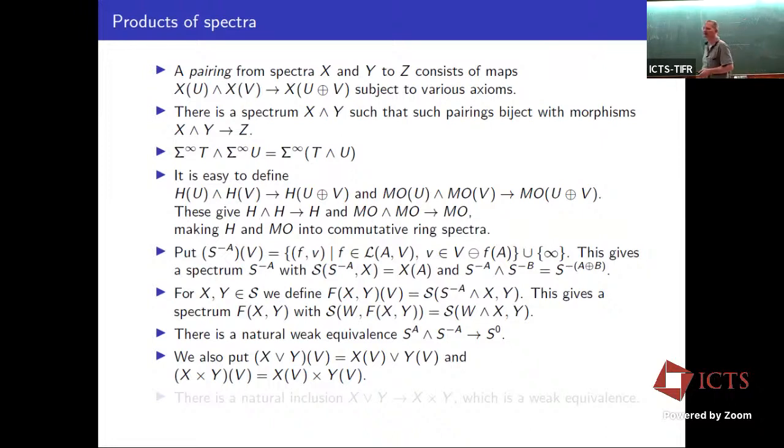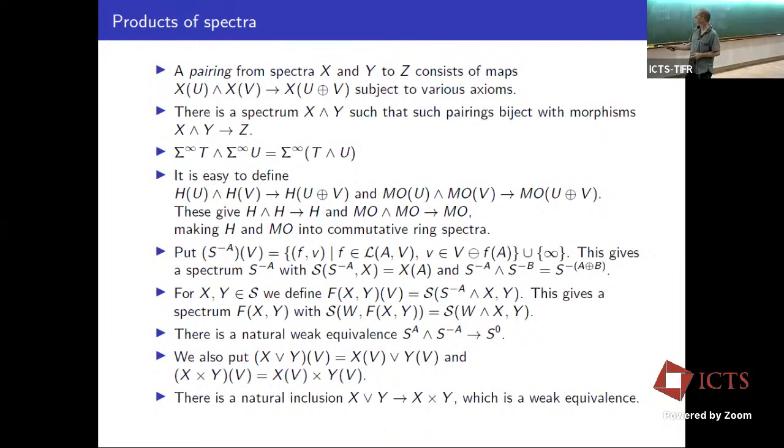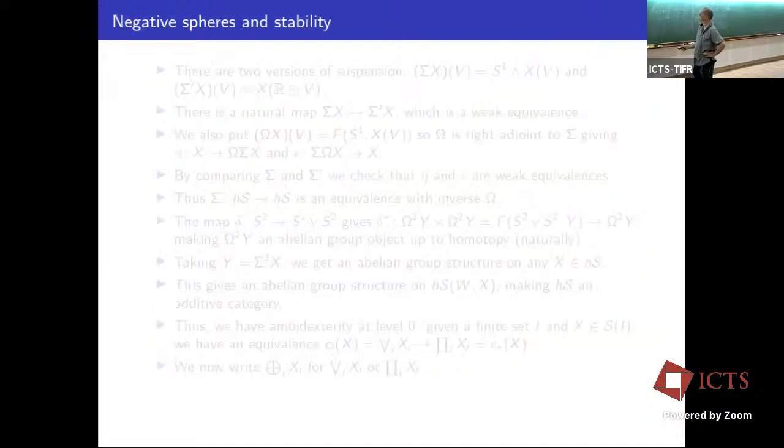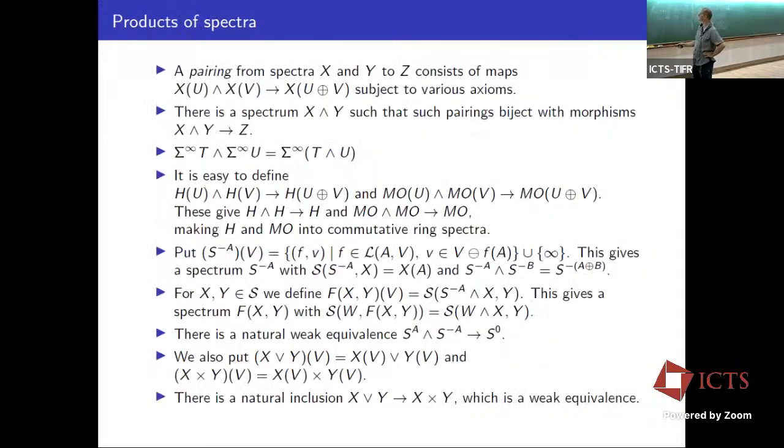These are sort of independent things. But on the other hand, there's a map from X wedge Y to X cross Y, and this is a weak equivalence. Okay, this is saying that the category is semi-additive, and the map from the coproduct to the product is a weak equivalence.